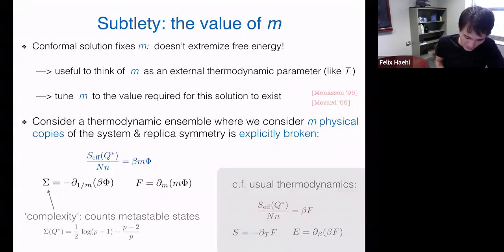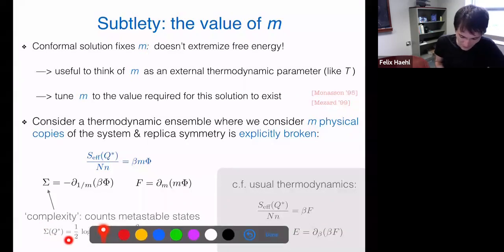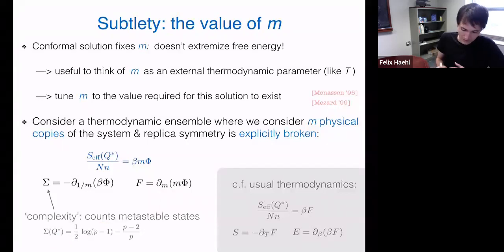And you can compute this complexity that's dual to m as a thermodynamic parameter, and you get some result. It's maybe interesting to note that this complexity vanishes for p equals 2. Remember, p was the order of the interactions, like the number of indices of J. So for p equals 2, we might expect that the system behaves very differently, is not chaotic, and so on. And one signature of this is that this complexity, this entropic quantity, vanishes for p equals 2.